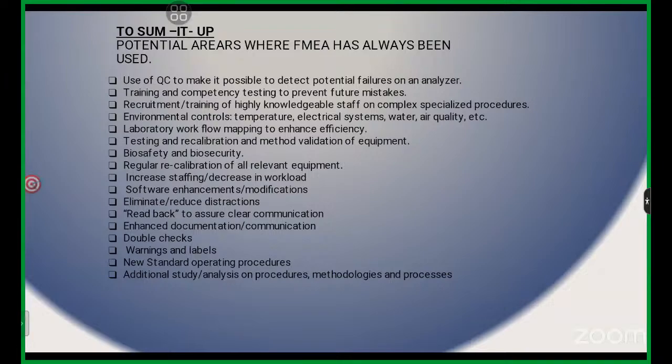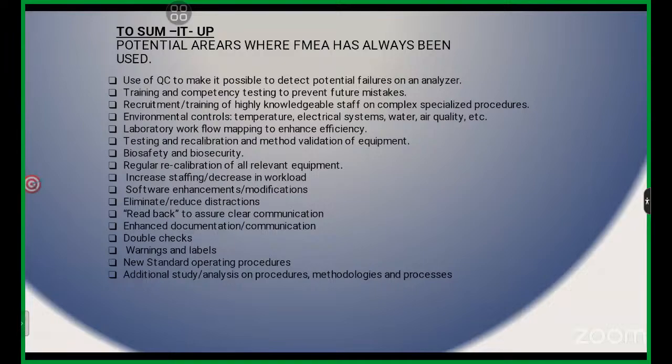Increased staffing to decrease the workload is also very important as we consider FMEA. Software enhancements and workflow modifications. The software is a great asset in making sure that we prevent future errors from occurring. And also, it smoothens our operations in the lab, especially in modern technologies.